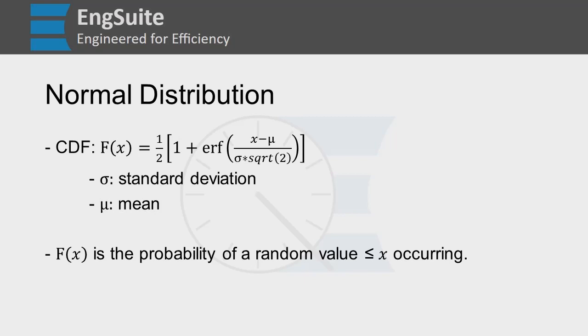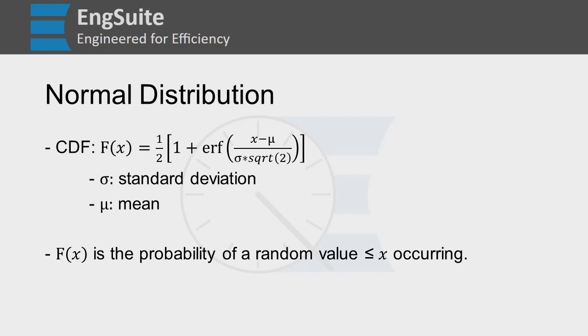So what is f of x? Well, f of x is the probability of a random value less than or equal to x occurring. Okay? So if we evaluate the continuous distribution function of x with the standard deviation of sigma and the mean of mu, we get the probability of a value less than or equal to x occurring.